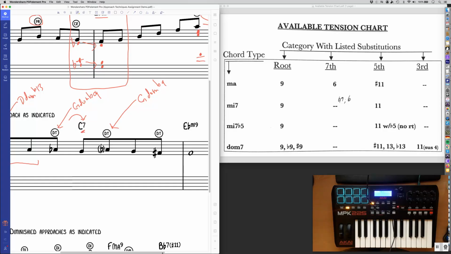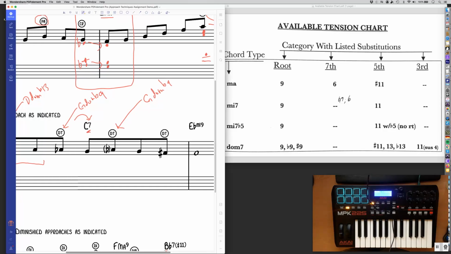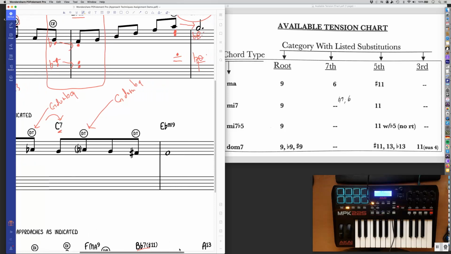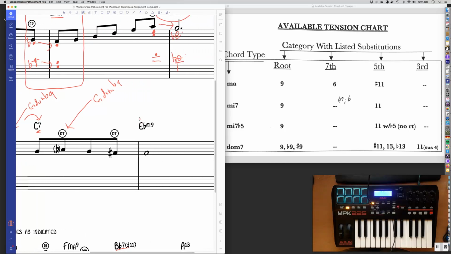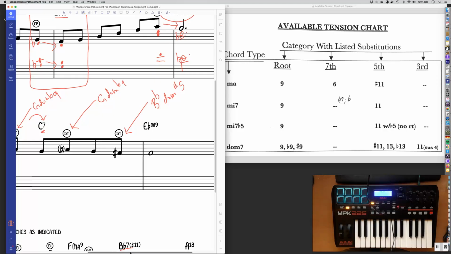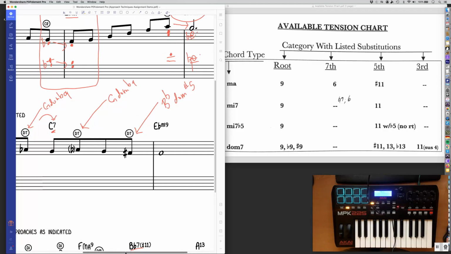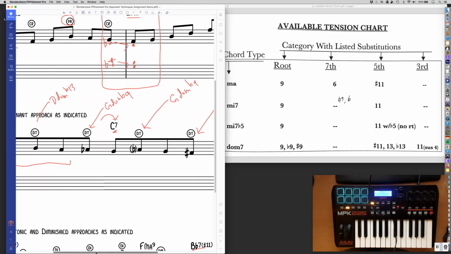And then here, when we're wrapping up, we are now targeting this E flat chord's melody note, the F. So now we've moved on to another dominant chord, the dominant of E flat. So that's going to be a B flat type of dominant chord, and see here that there's an F sharp. So it's going to have that sharp 5 as an alteration, or a substitution for the regular 5. Just look at that available tension chart if you need to.